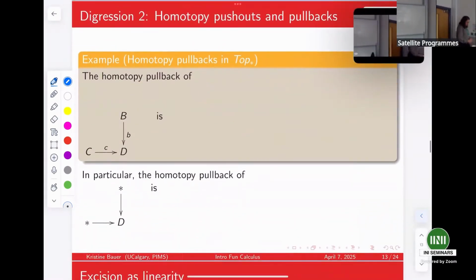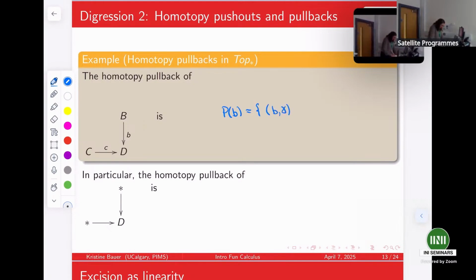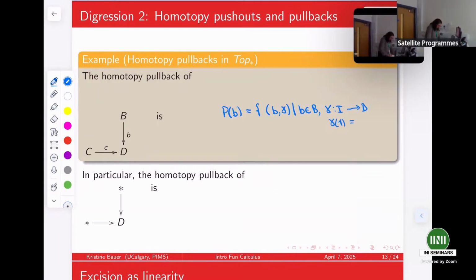And when I'm in topological spaces, what I want to do is probably a familiar construction to most of you, but in case you haven't seen it, I'll take a diagram with B mapping to D and C mapping to D, and I'm going to replace B by the path space of the map. So this is just the space of pairs (b, gamma), where b is a point in B, and gamma is a path in D, such that gamma of 1 is equal to, see, I've made a mistake.